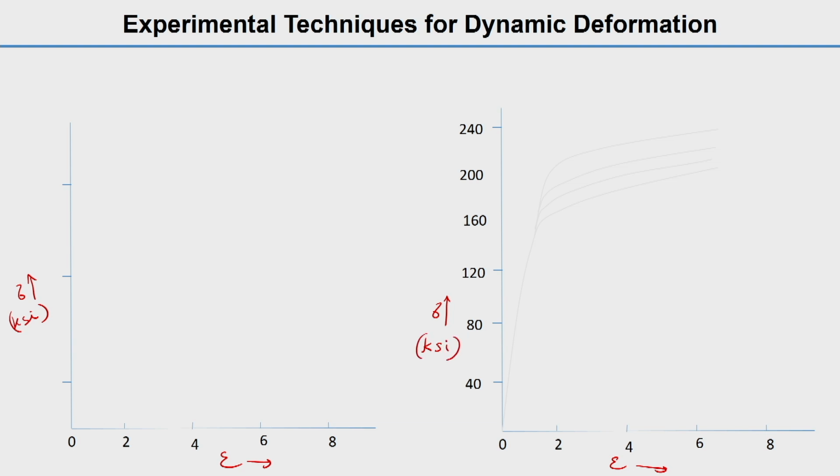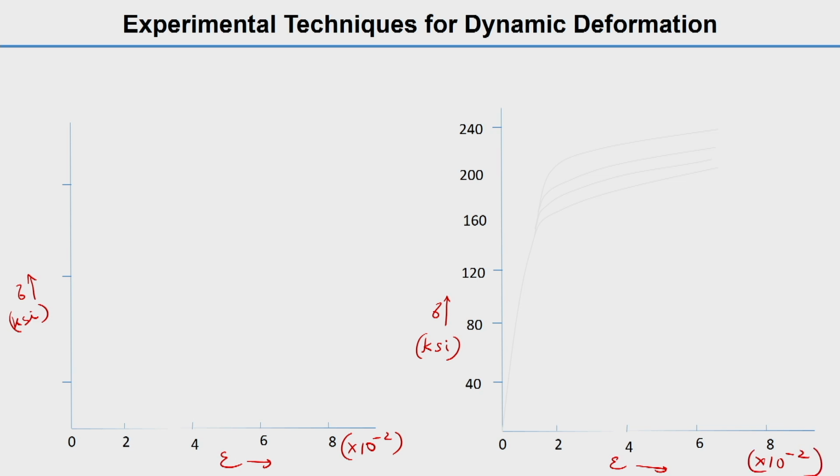KSI is the unit, and here strain, as you know, this is without any unit, but we have 10 to the power minus 2 here multiplied with all the scale.